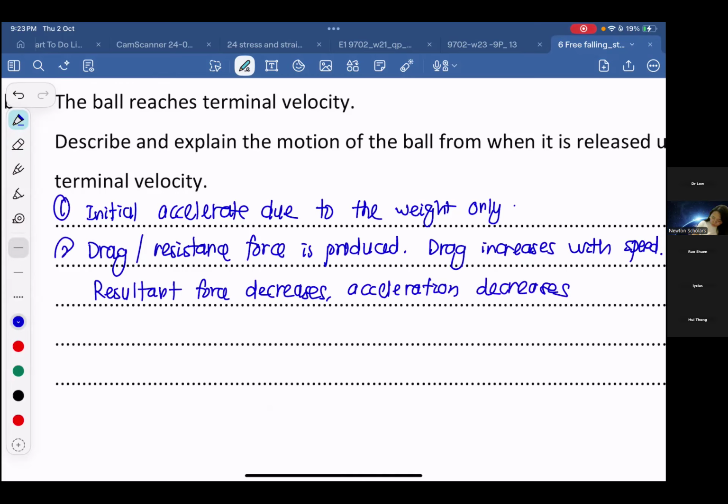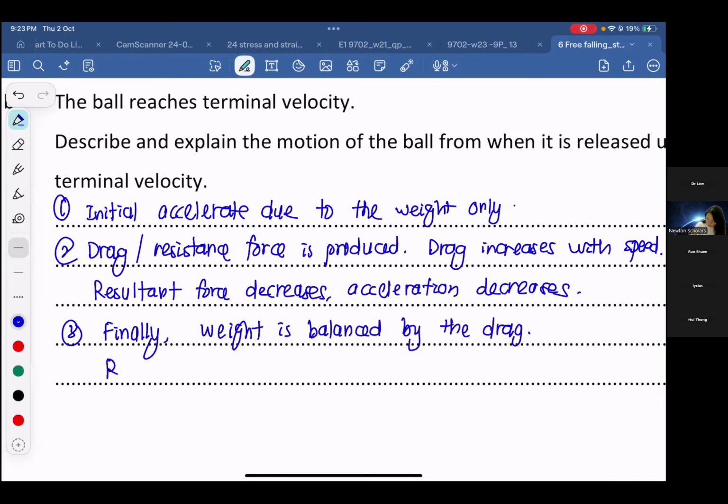So 1, 2, number 3. Finally, the weight is balanced by the drag.